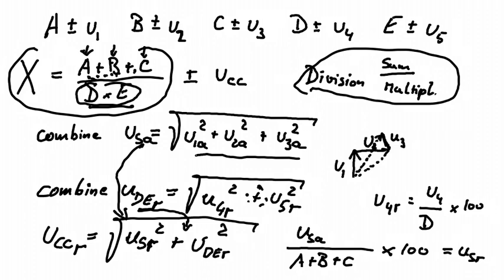It would be exactly the same if we had a minus here, for example. Or if we had a division here, it would also not matter, because our combined uncertainty would be really this item here, this UCR, the relative combined uncertainties.